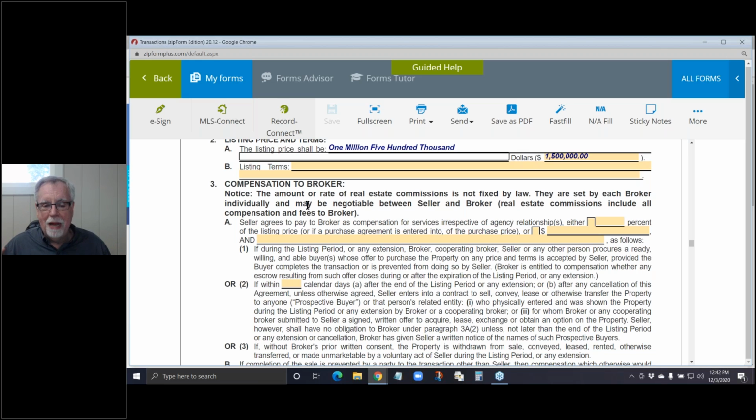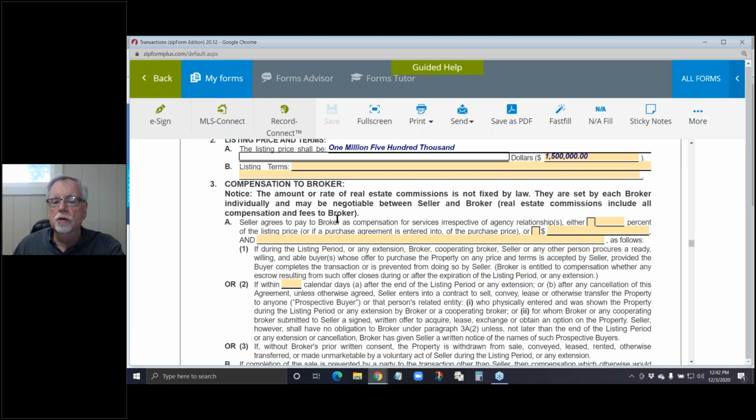Then there's the magic words. The California Civil Code says in order to have an enforceable agreement to pay a real estate agent a commission, it has to be in writing. It has to have certain words that are specified in the Civil Code, and it has to be in no less than 10-point boldface type, right? And so there are the magic words.